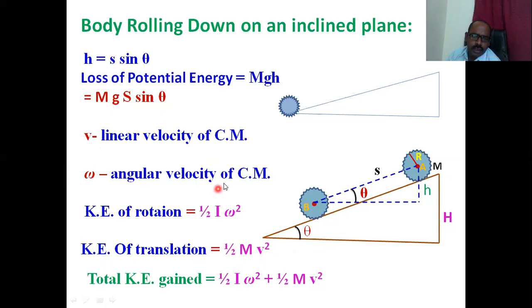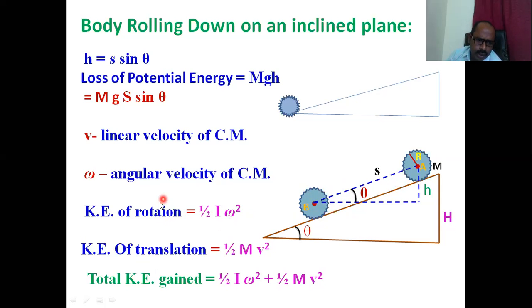These are the parameters we have. I is the moment of inertia of the body about an axis passing through the center of mass, perpendicular to this display.